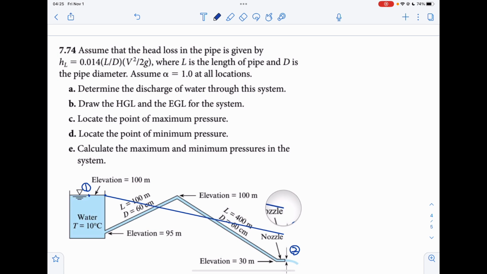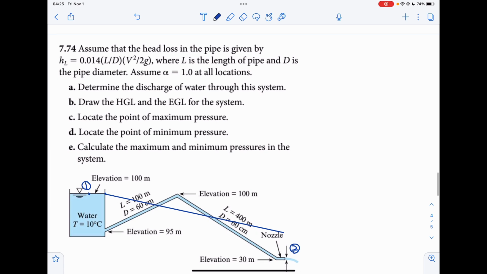The pipe has the same diameter, so it will be a straight line like this. And for the hydraulic grade line, it will just subtract the velocity head.